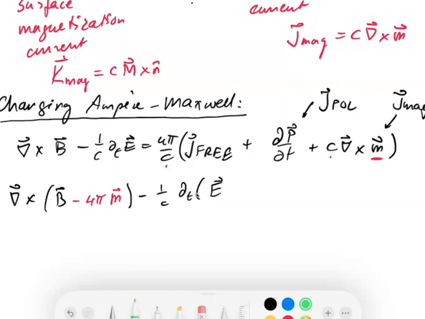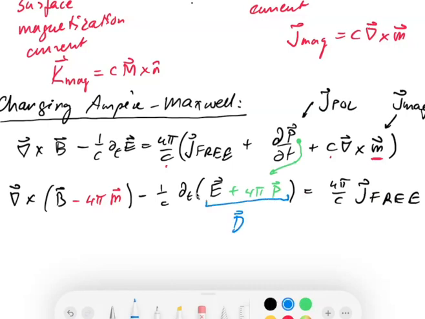But now we're going to take this guy there, so that goes here. So 4 pi P is 4 pi over c J free. Okay, now this one we had already defined. That's D. And this one is H. So that's the modified Ampere-Maxwell current.